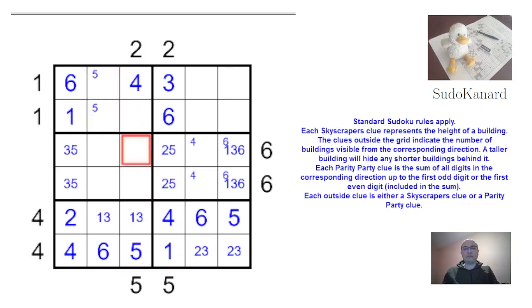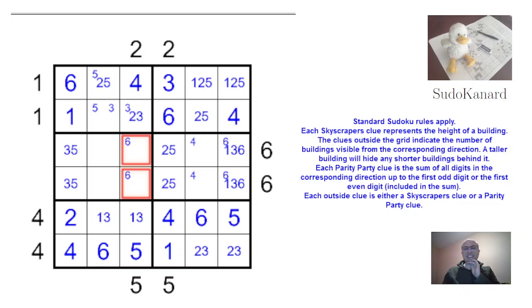So we would have a 5 somewhere here, a 3 somewhere here, put a 4 here. 2 or 5, 1, 2, 5, 2, 5, 2, 3. 6 would be somewhere here.